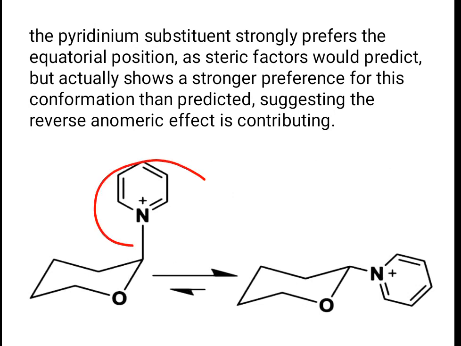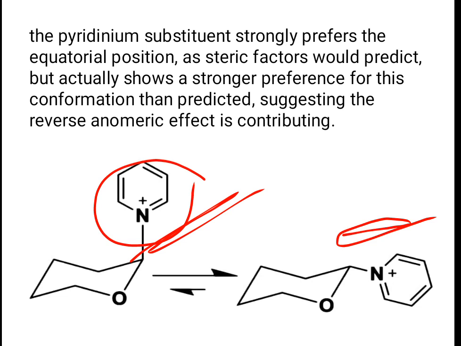The substituent is preferring to be in the equatorial position. The pyridinium substituent strongly prefers the equatorial position, as steric factors would predict. That means it prefers it more than steric factors alone can predict, okay? It actually shows a stronger preference for this conformation than predicted, suggesting the reverse anomeric effect is contributing. So in case of this pyridinium type of salt, the reverse anomeric effect is much more pronounced.